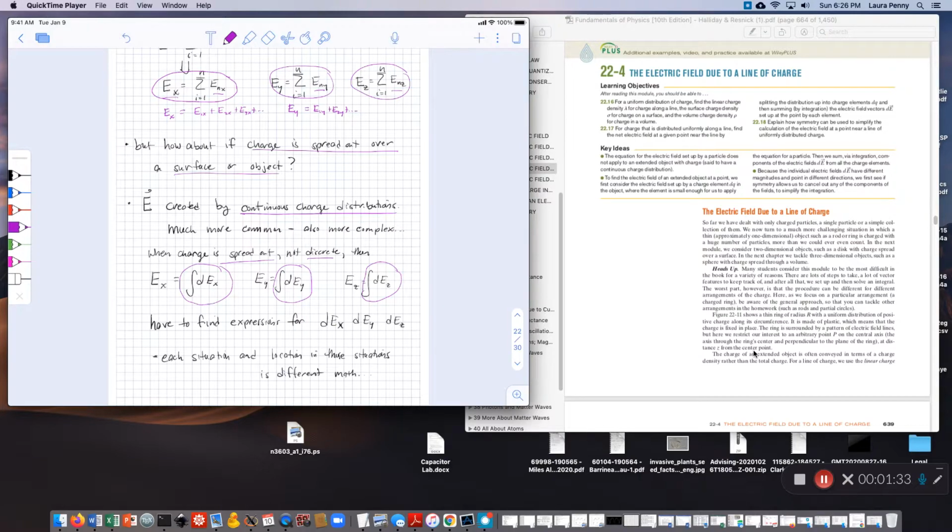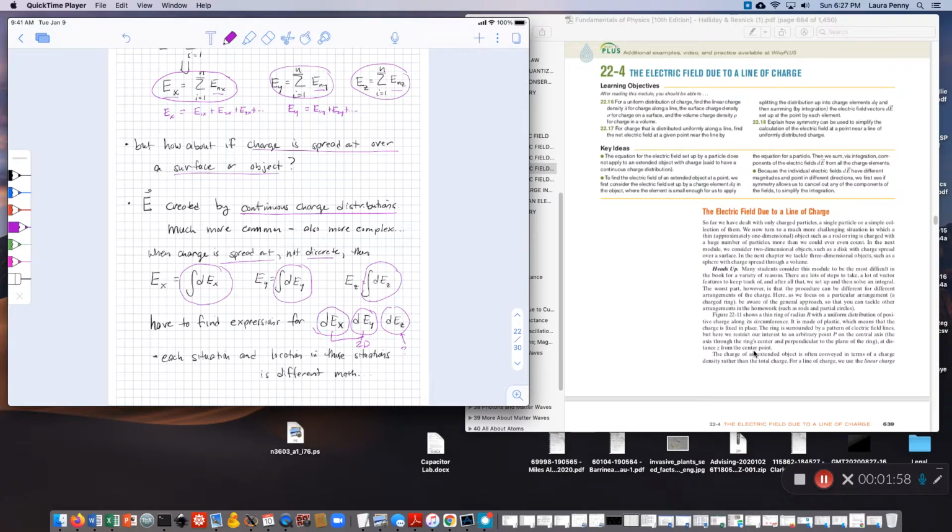That probably sounds bad enough. But on top of that, for each situation that we're in, we actually have to figure out what these integrals need to be. We need to find expressions for what is dEx, what is dEy, and what is dEz. Usually we don't end up having to do a three-dimensional thing. Usually it's just a two-dimensional problem, at least in Physics 112.